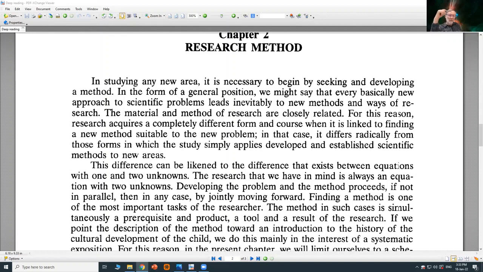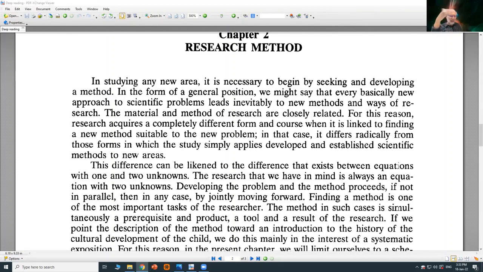I mean, you could think of this as being kind of starting out on a journey, and the new approach would be looking at where you want to go, and then you could say, well, how are we going to travel? The form of transportation is the method. The ways of research would be the routes that you take. You could go, high road, low road, that sort of thing. Okay.